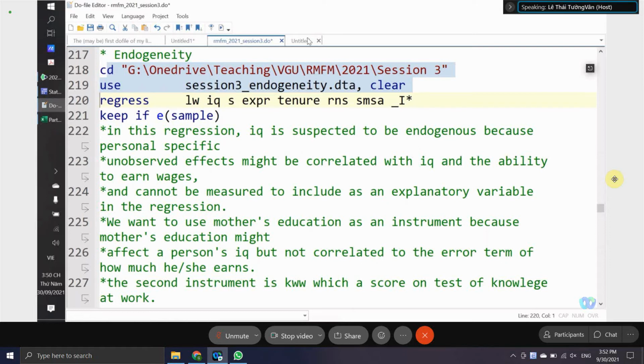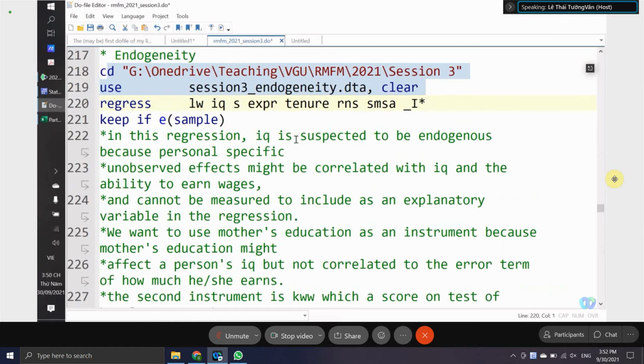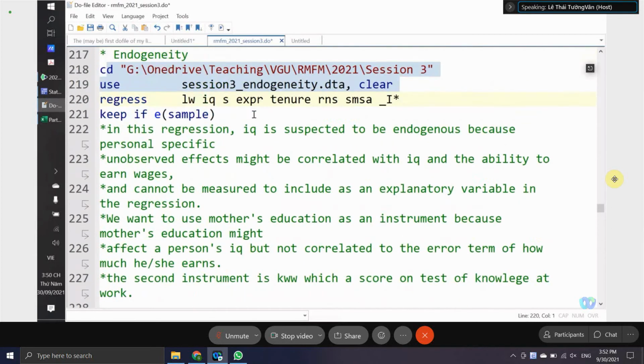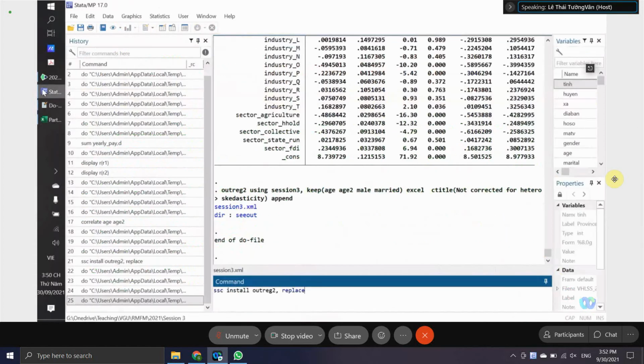Now, the problem with this regression is, ladies and gentlemen, in this regression you have LW.